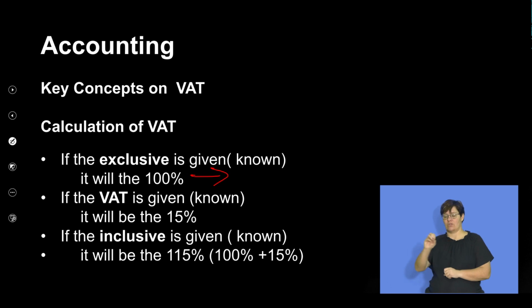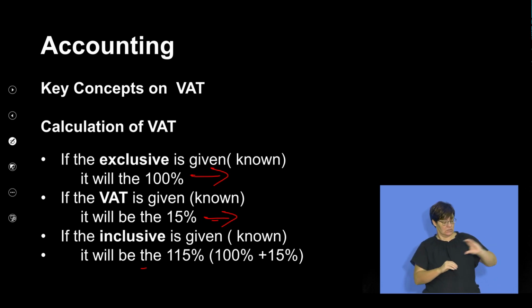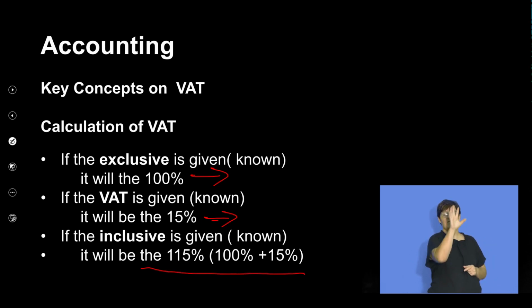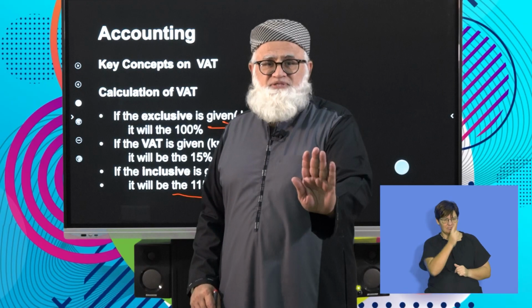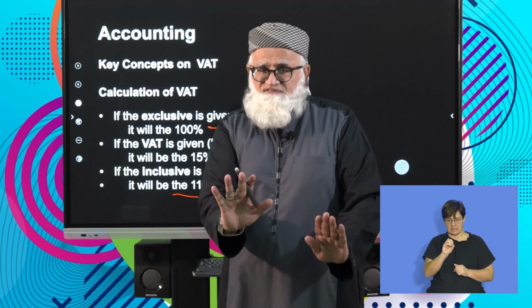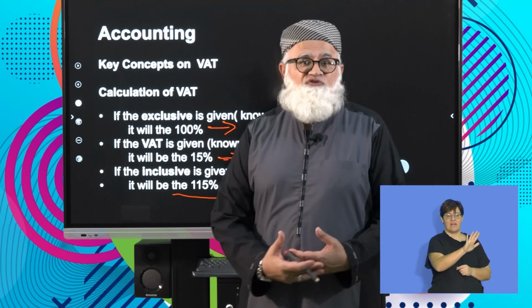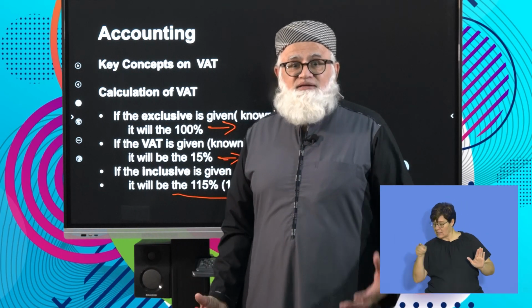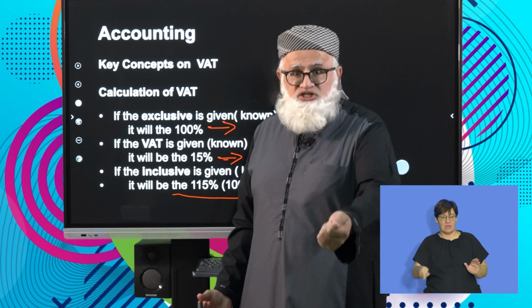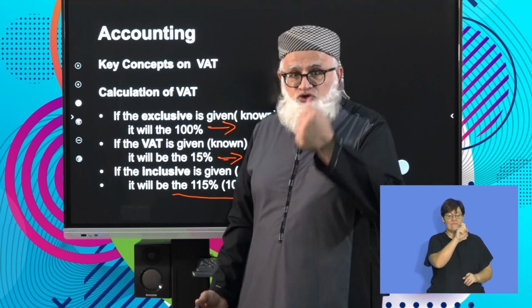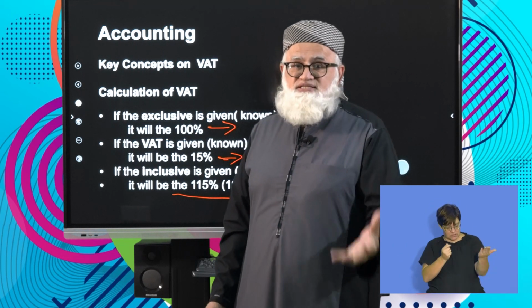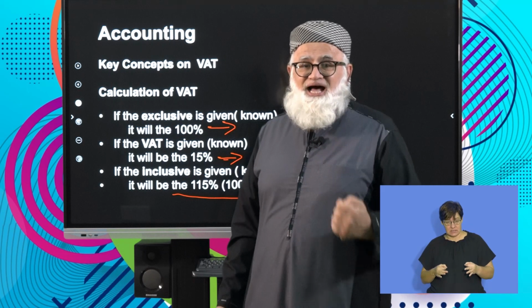If the VAT is given to you, it will be the 15%. If the inclusive is given to you, it will be the 115%. So keep this in mind. 100% exclusive, VAT 15%, inclusive 115. So therefore you can clearly see that depending on what information is given to you, you will then have to use that information to determine what the question is asking for.